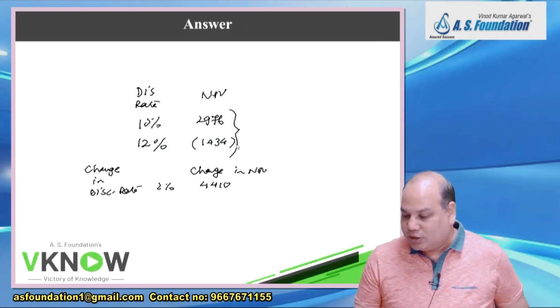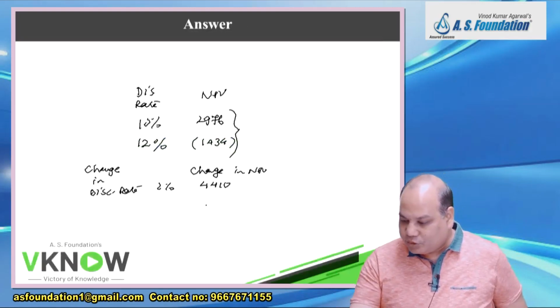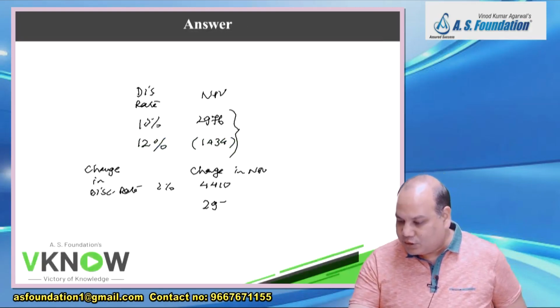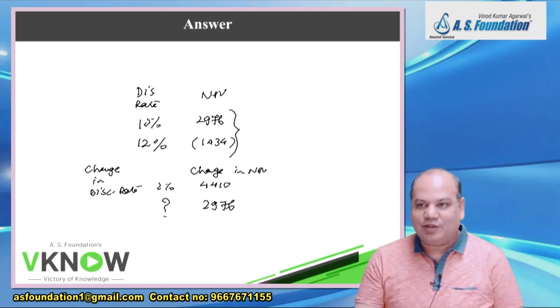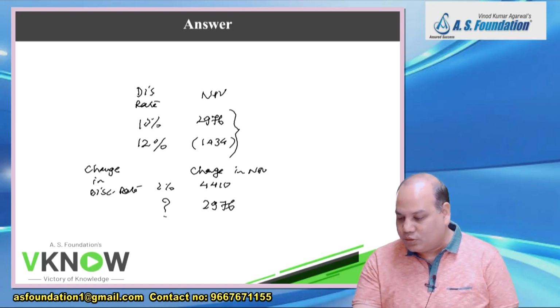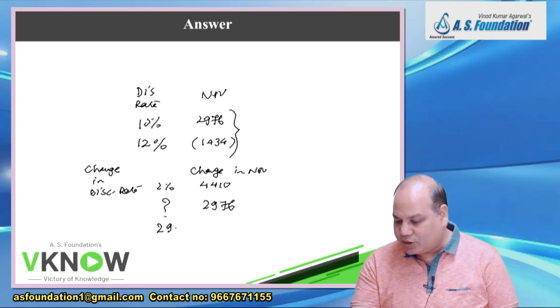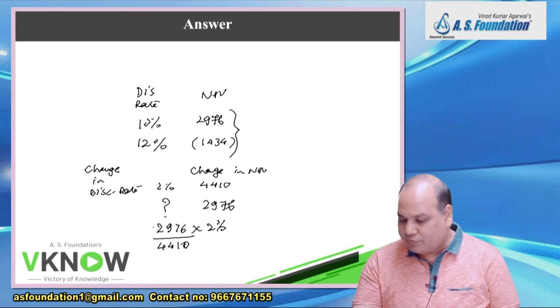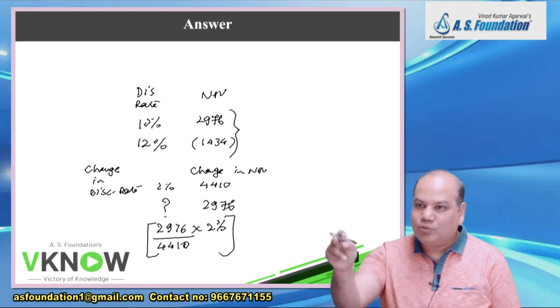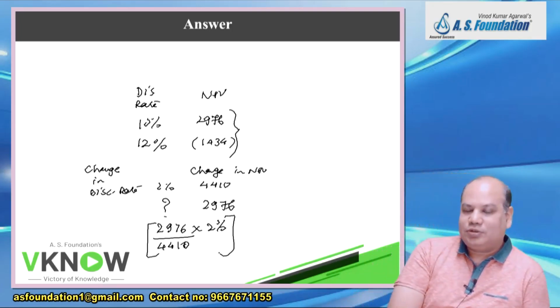So now you apply that arithmetic taught in school. To bring a change of 2976, what should be the change in the discount rate? So what you will do? You will do the same thing what we have done inside the bracket, 2976 into 2% and divide by 4410. This is exactly what is written in the bracket.